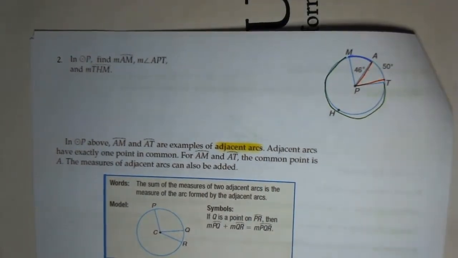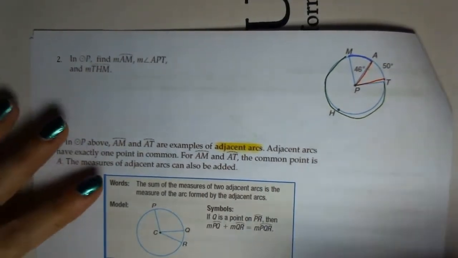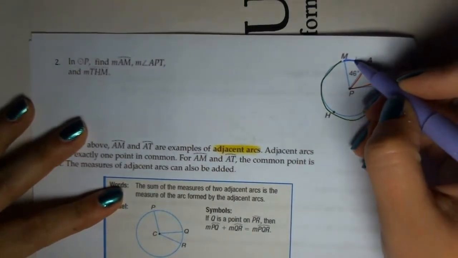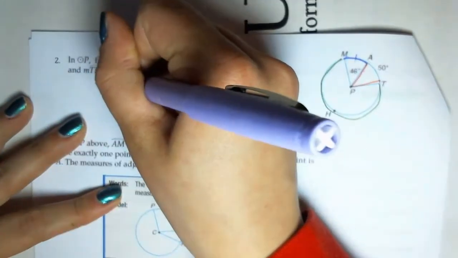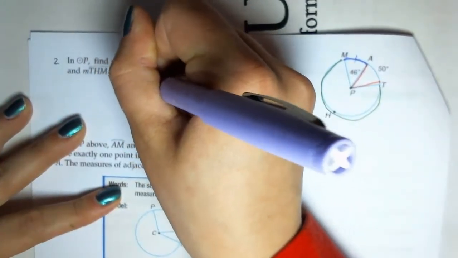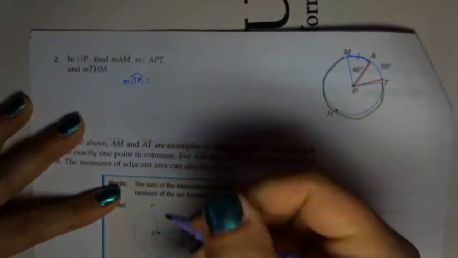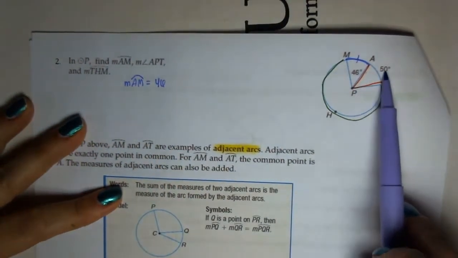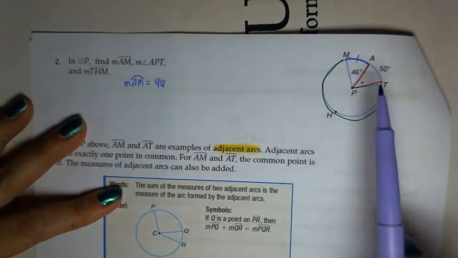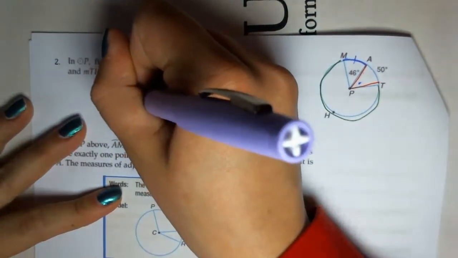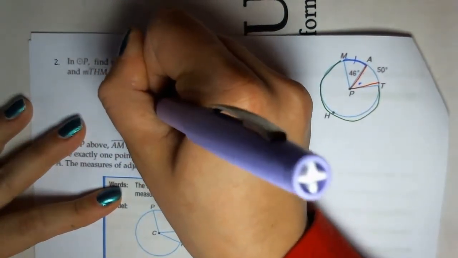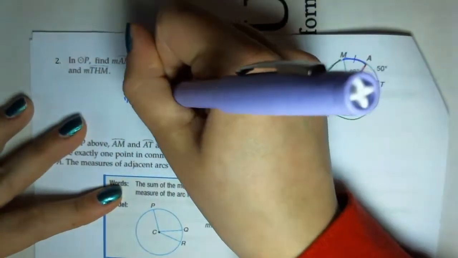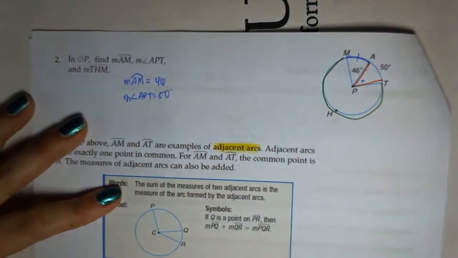Okay? So the first thing we can do is we know the arc is going to be the same as the central angle. So we know measure of arc AM is 46. We know that if the arc is 50, the angle is going to be 50. So measure of angle APT is going to be 50.